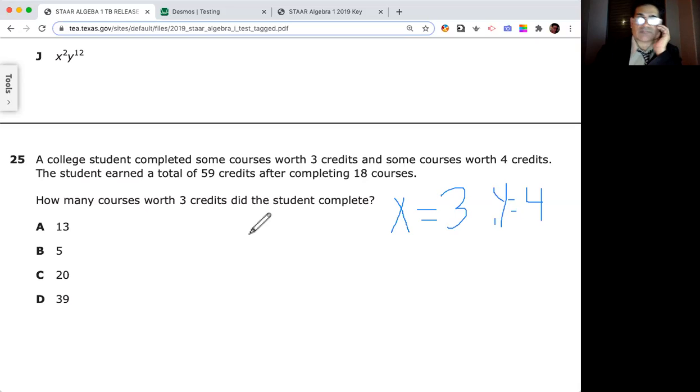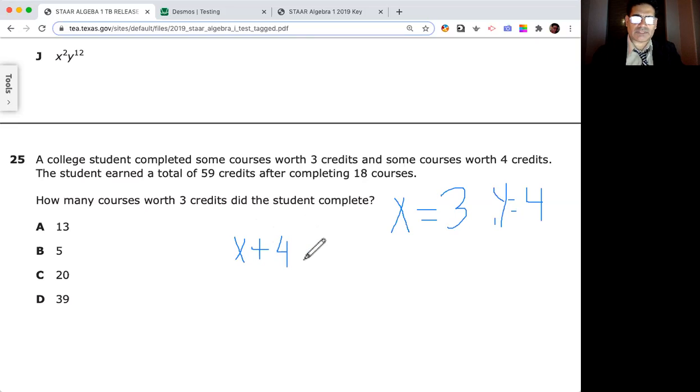Let's try. From what I remember, and I remember I got help for this, it's all of the 3 credit courses and 4 credit courses, right? Equals 18.